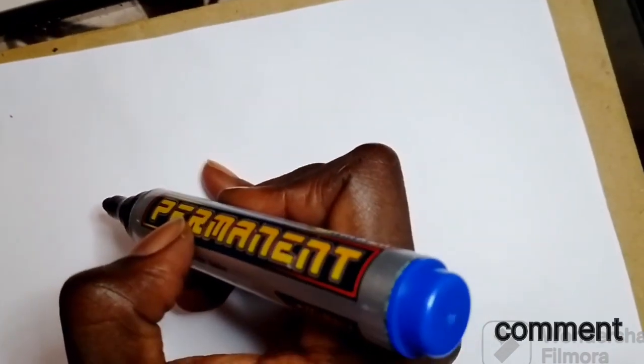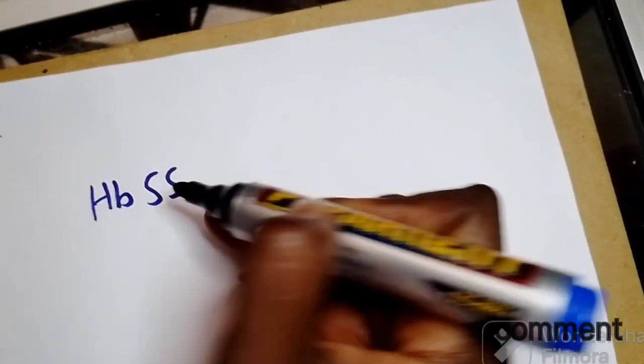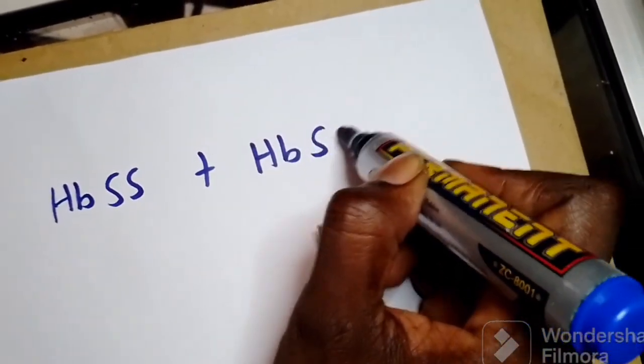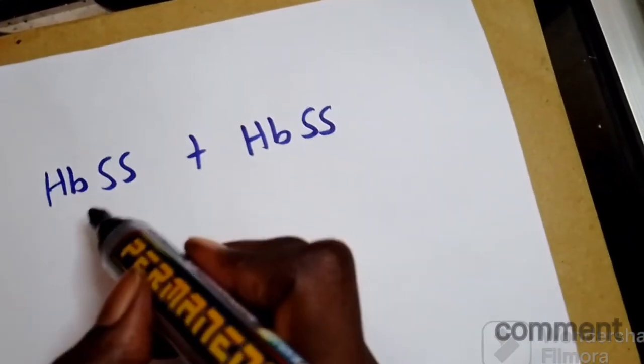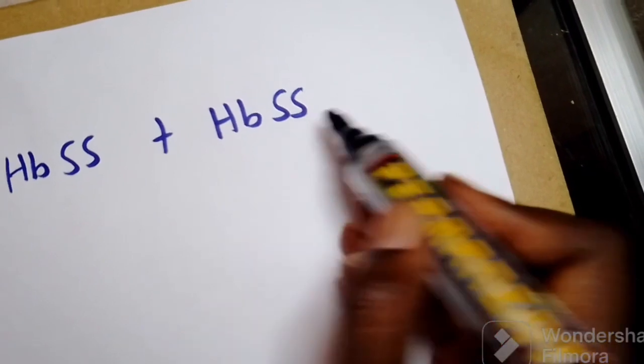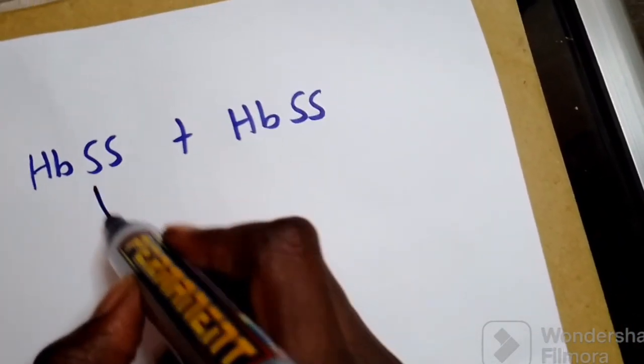So our third scenario here is what happens if 2 people with the sickle cell disease meet and they just want to get married and have babies. You realize that all they have in their genes is the sickle cell gene when it comes to hemoglobin.